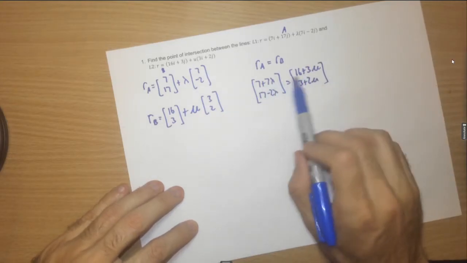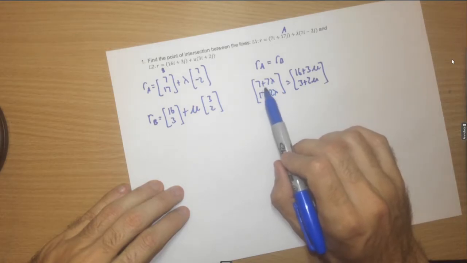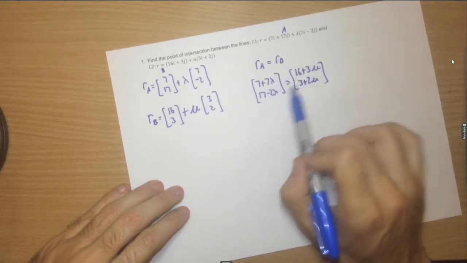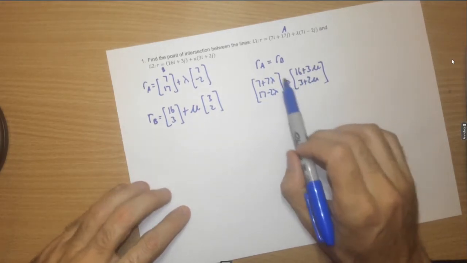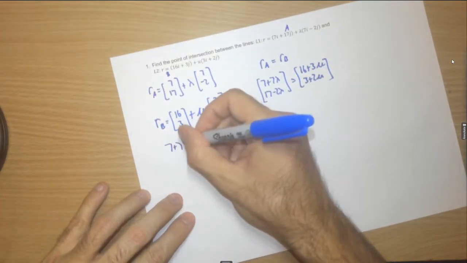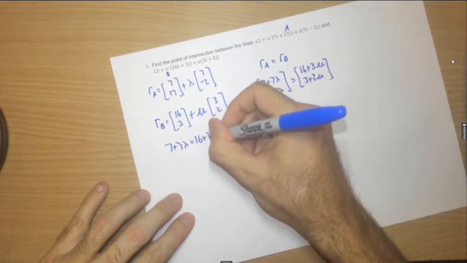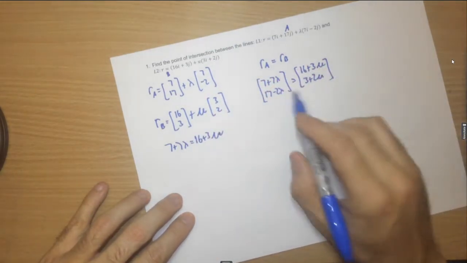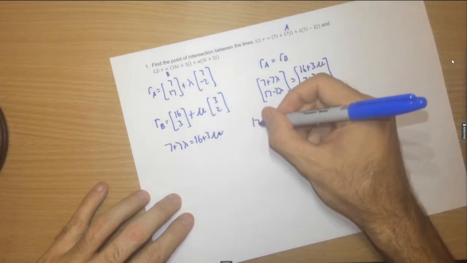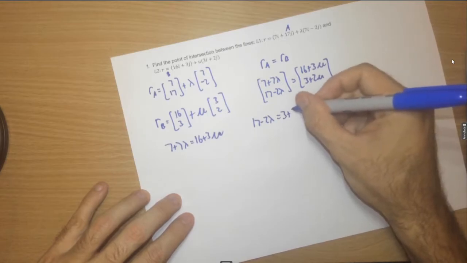And what we can do now is make sure that our x components are the same, because obviously for them to intersect, the x components have to be the same and the y components have to be the same as well. So let's look at the x components first. I've got 7 plus 7 lambda equaling 16 plus 3 mu. And then we've got this equation here of 17 take away 2 lambda equals 3 plus 2 mu.